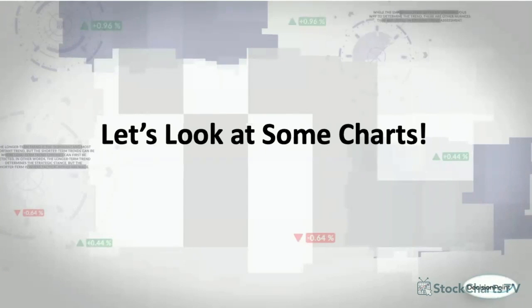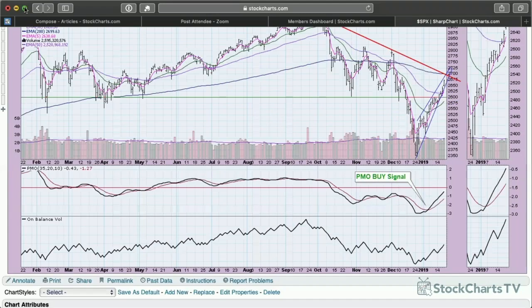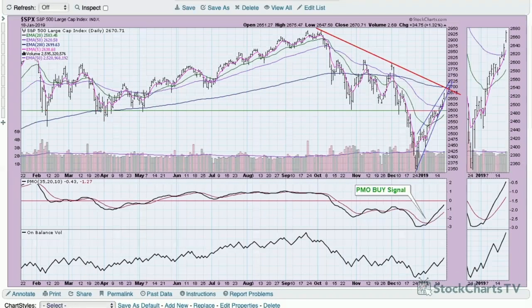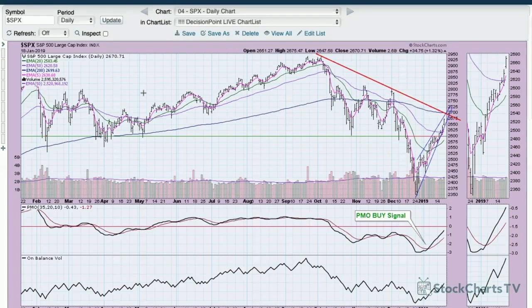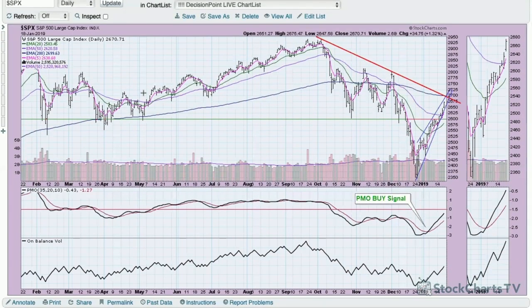All right, so let's go and take a look at some charts because we have quite a few to look at here. Let's get right to it. I'm going to start with the S&P 500's daily and then weekly charts, and then we'll pretty much blow by the other three scoreboard indexes of the large caps because honestly, you're going to find that they all look very similar in the way that they're set up.